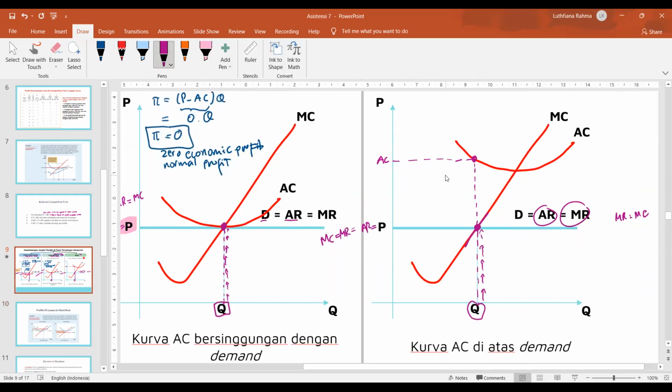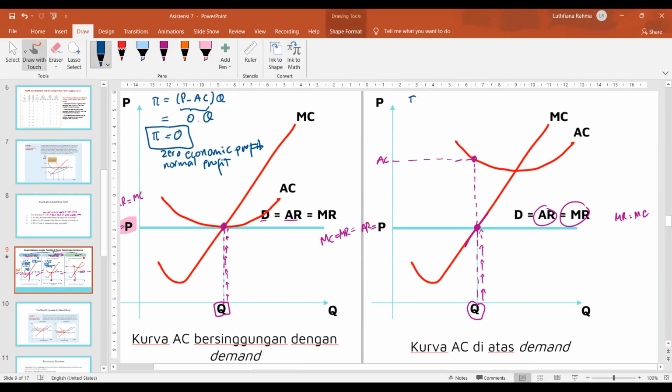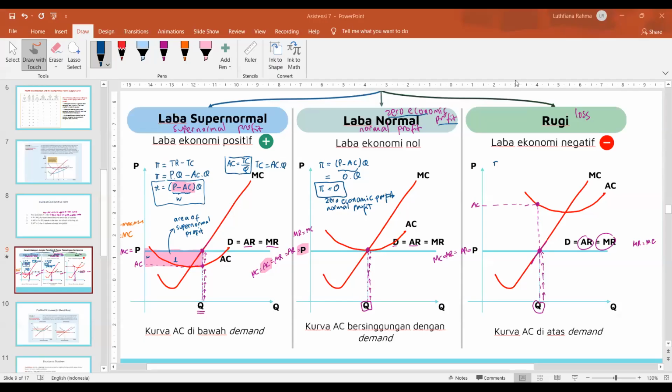All right, and then always remember from the previous, profit is P minus AC times Q. So this is the gap from P to AC.